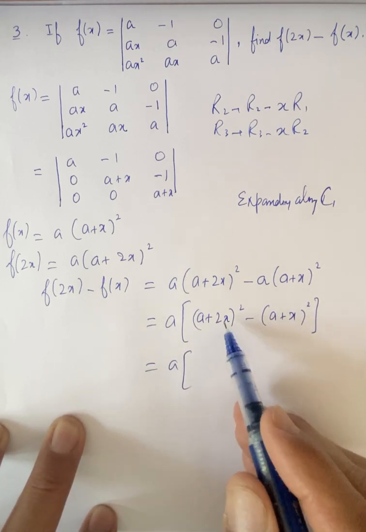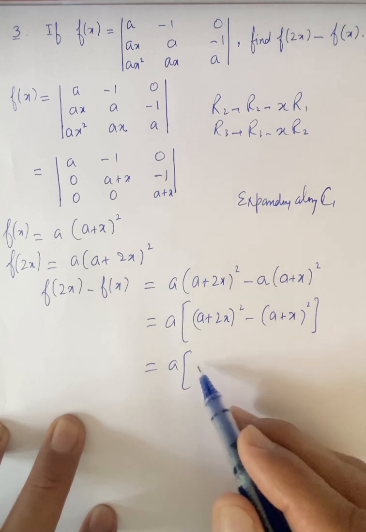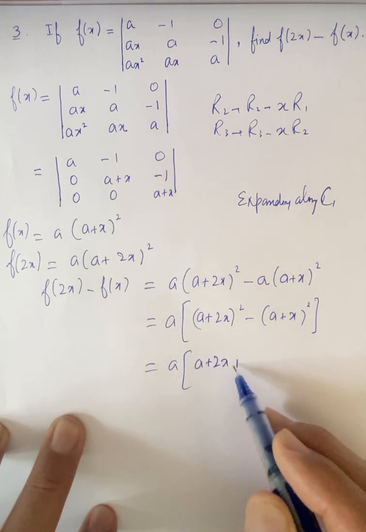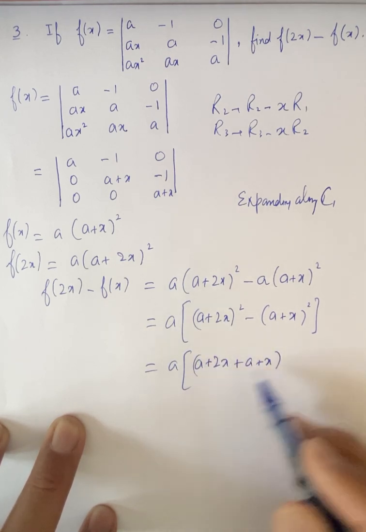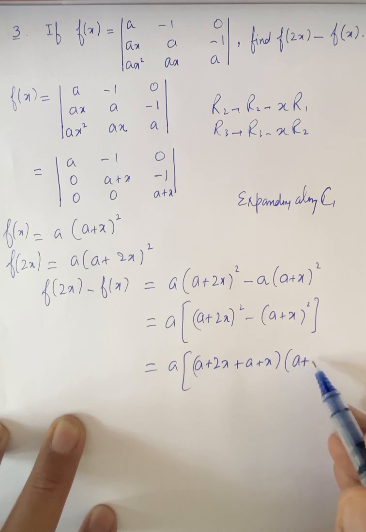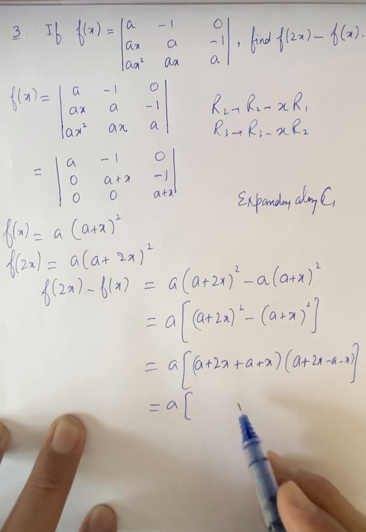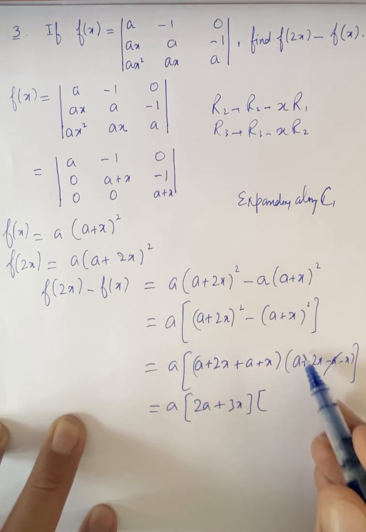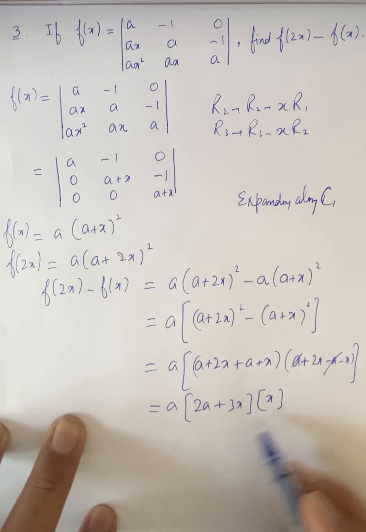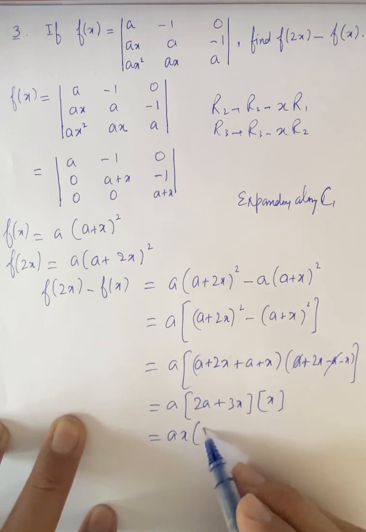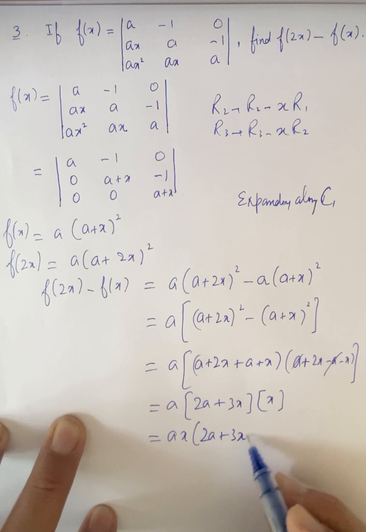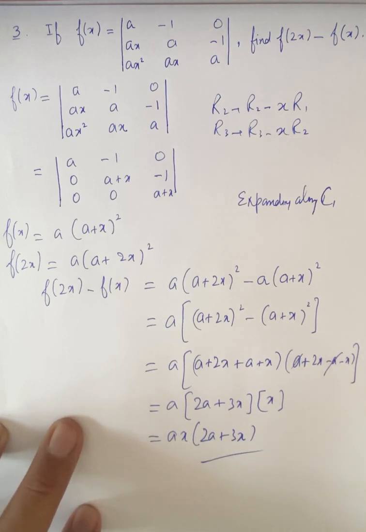Then using a square minus b square, it's a plus b into a minus b. That's a into 2a plus 3x. A will cancel out, this is x. So it's ax into 2a plus 3x. This is your answer.